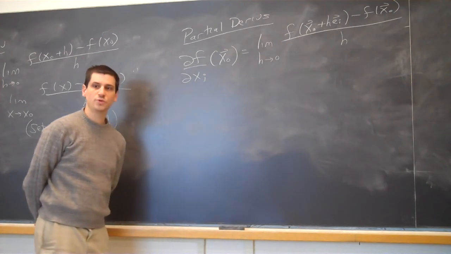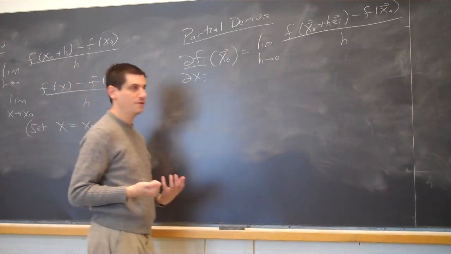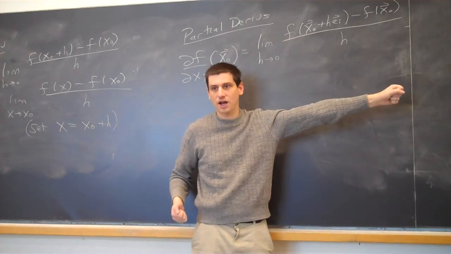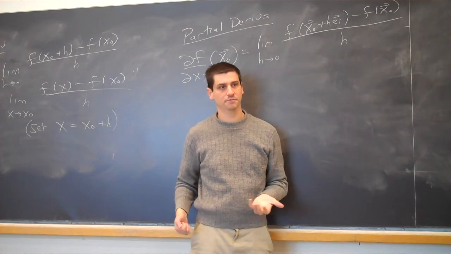So essentially what we're doing is we're forgetting about the fact that we live in several variables. We're keeping all of the variables fixed but one, and we move h in the direction we care about. And then we just do calc 1 again.